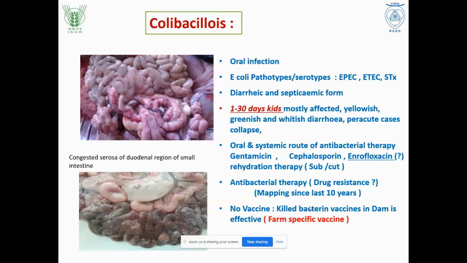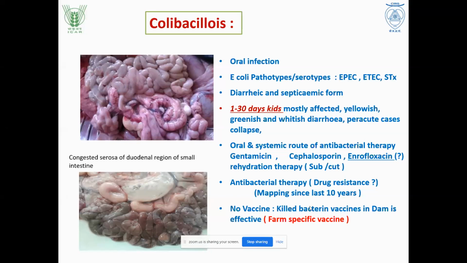Management of colibacillosis depends totally on antibiotics. A lot of different groups of antibiotics are available, with oral and systemic routes of administration. Oral antibiotics are very good, as they reach the intestine directly and check the multiplication of bacteria. But systemic antibiotics are also very essential.